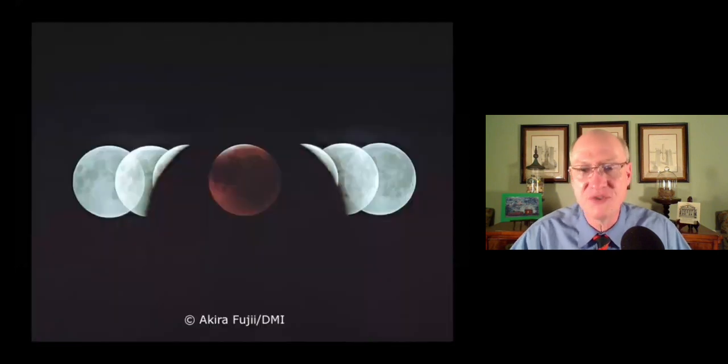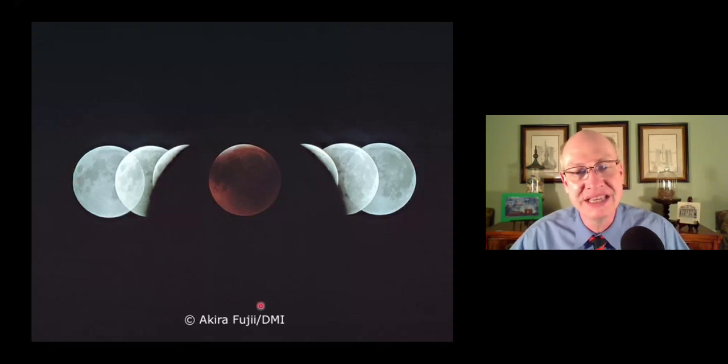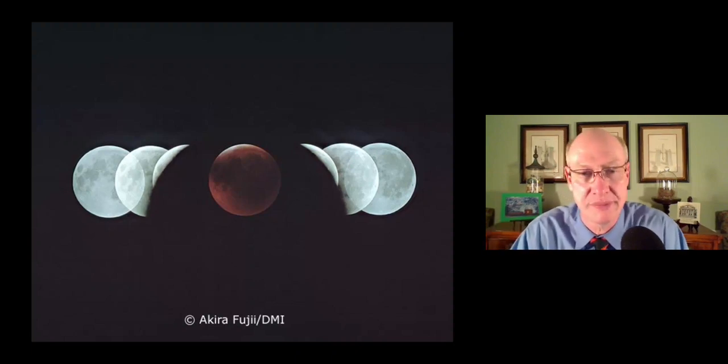But more importantly, if you watch the eclipse from beginning to end as the moon passes into the shadow of the Earth and comes out again, you will not only see that the shadow of the Earth is round, but you will see that the Earth is bigger than the moon. Aristotle not only knew that the Earth was spherical, but he knew that the Earth was at least 3 times bigger than the moon. We'll see more about this later on when we talk about Greek astronomy.